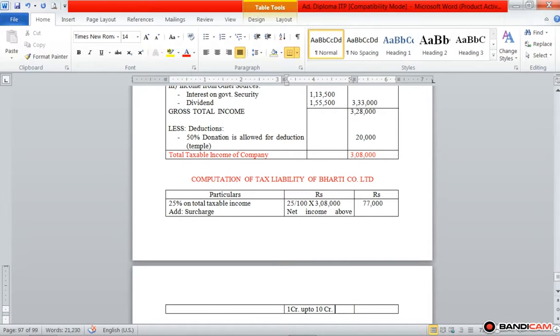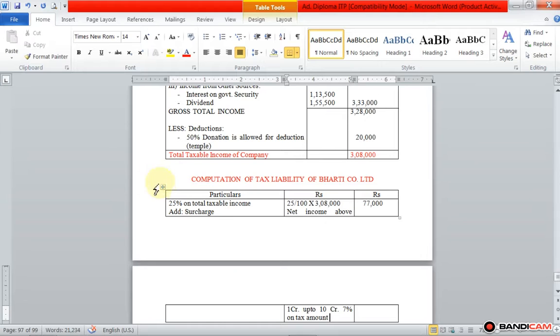Okay, net income above 1 crore up to 10 crore, 7% surcharge is charged on the tax amount, that is 77,000.